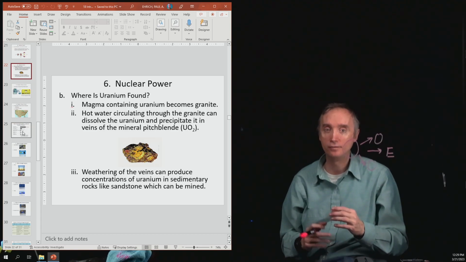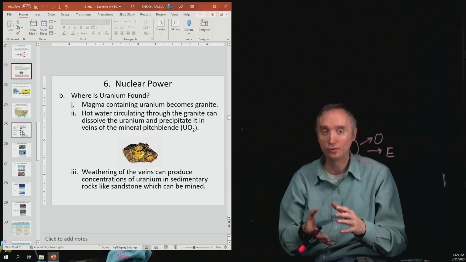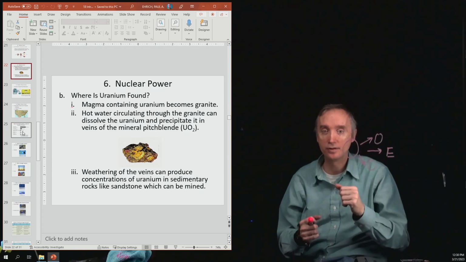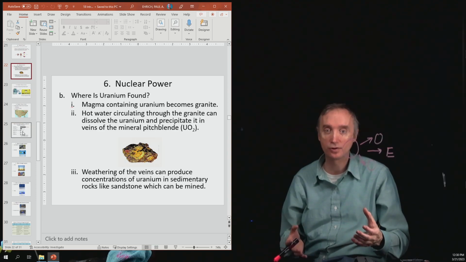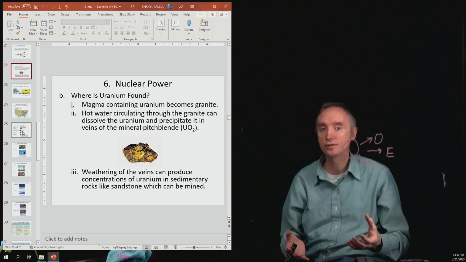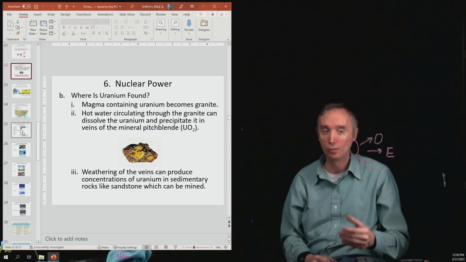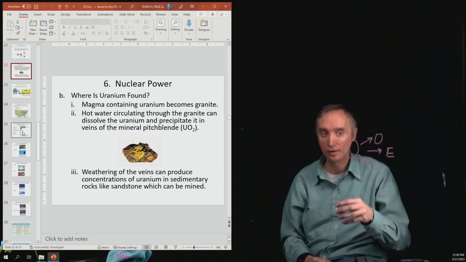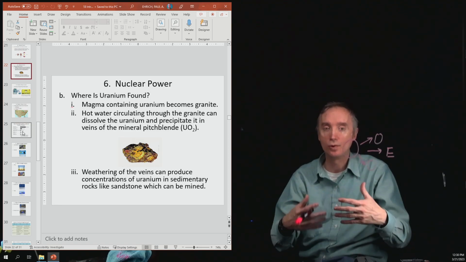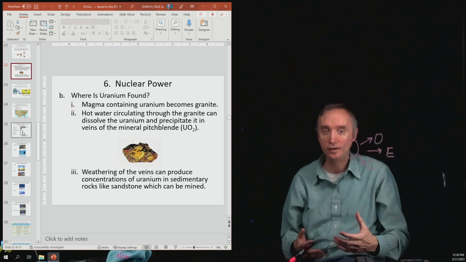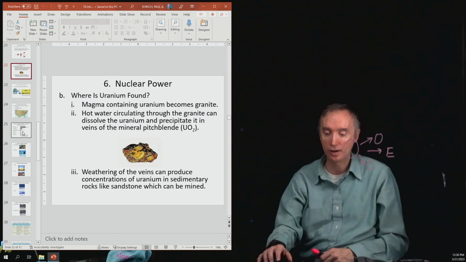Now the uranium has been concentrated into these veins, and the next thing that can happen is the weathering of these veins at the surface can produce concentrations of uranium in sedimentary rocks. We said the way that you make a sedimentary rock is you weather existing rocks, and then those sediments get glued back together. So this is a way of concentrating the uranium in a sedimentary rock, and then we can mine that to get our uranium.